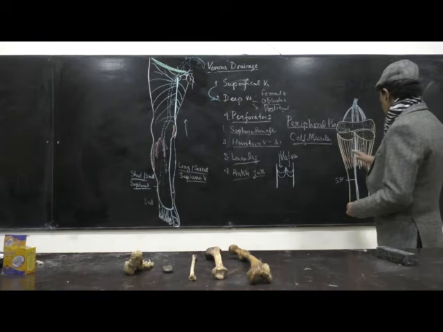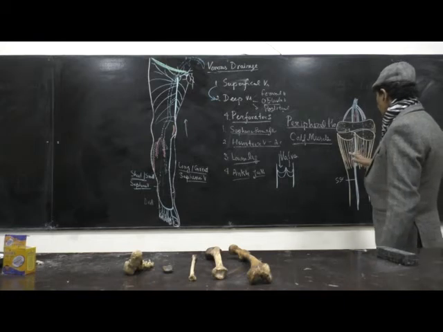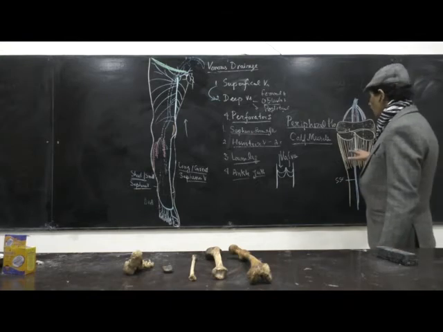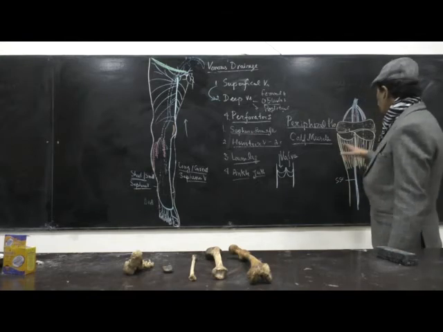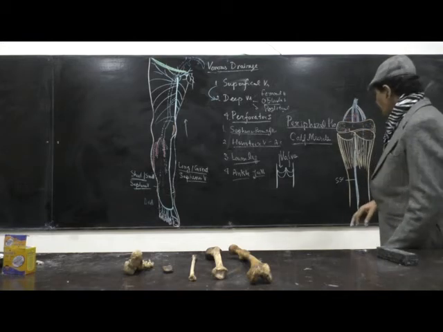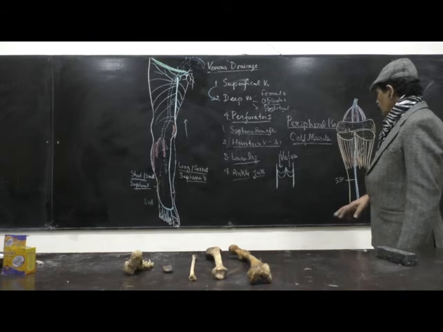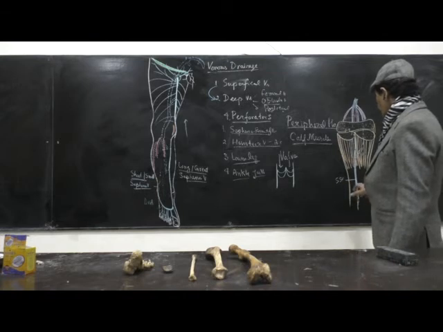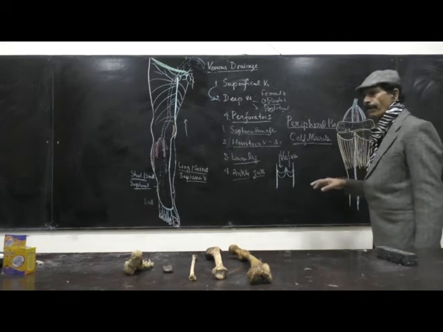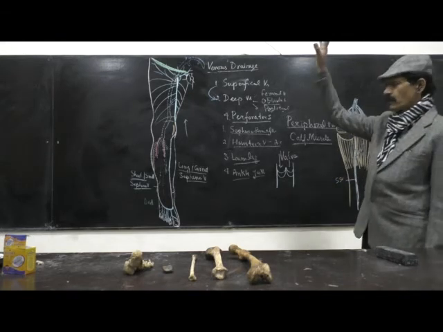So these perforators invade through the calf muscles, and then they communicate with the deep lying vena comitans of the popliteal vein. So the whole of the blood from the superficial system passes through the valvular perforators into the deep system, and from this deep system the blood ultimately goes up.